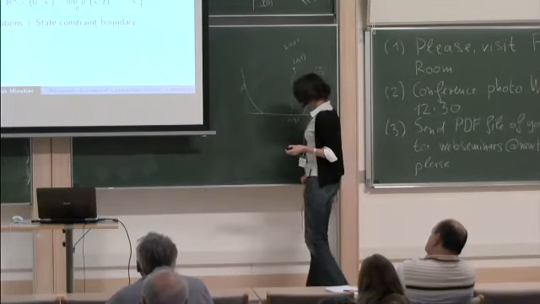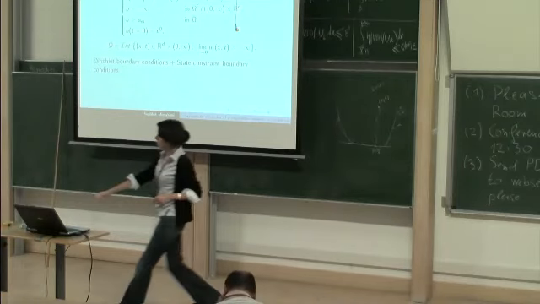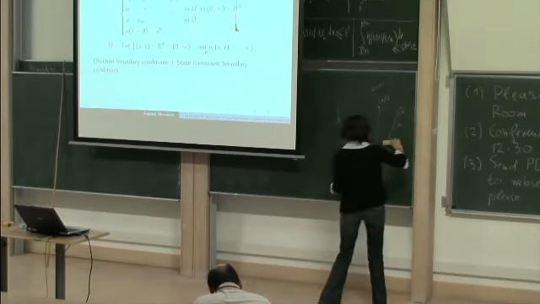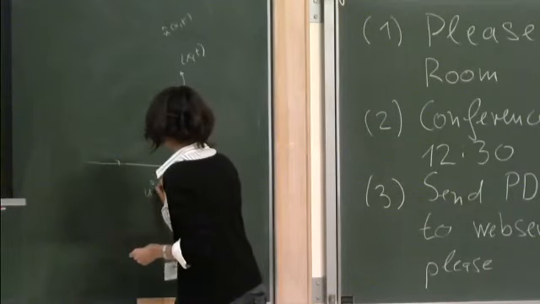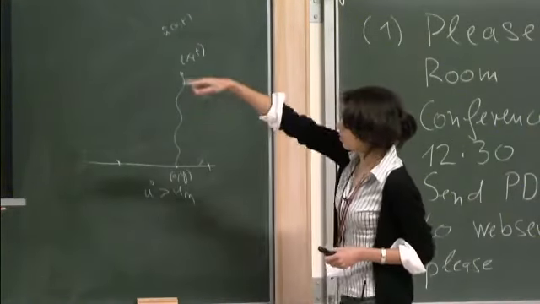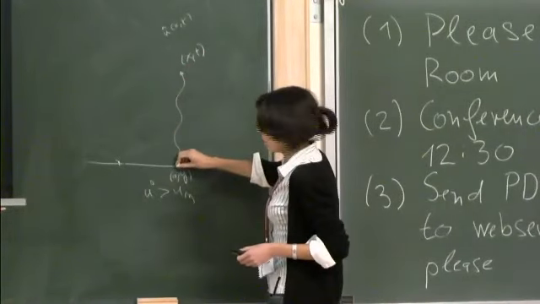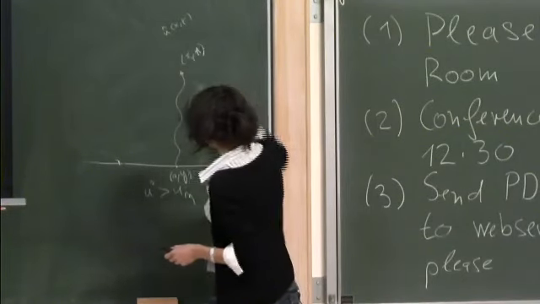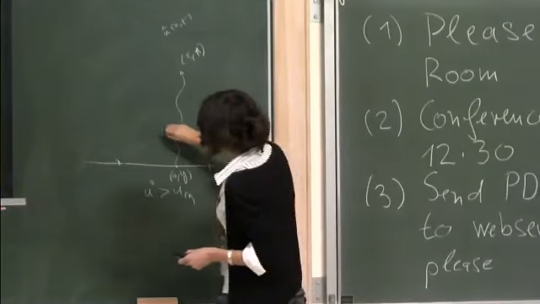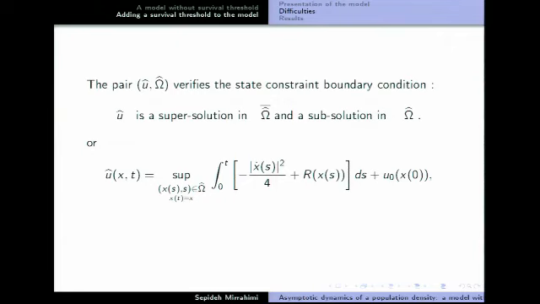Actually, it means that if we have a set where u0 is greater than um, then the set omega is the set of points x and t where there is a trajectory that joins t and x to a point 0 and y, and all along this trajectory this functional is greater than um.